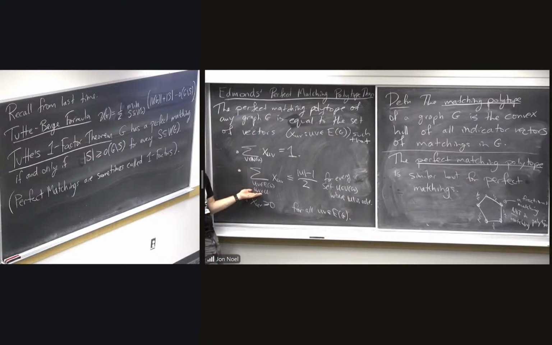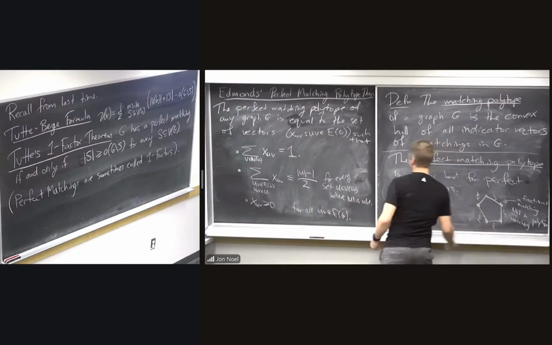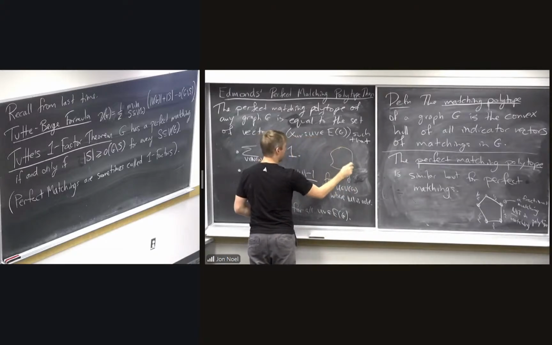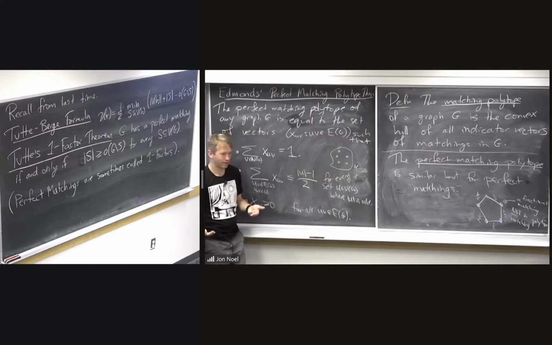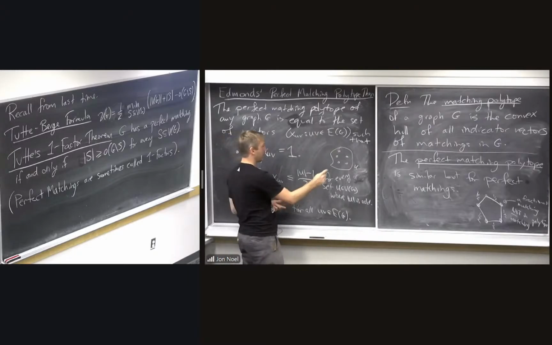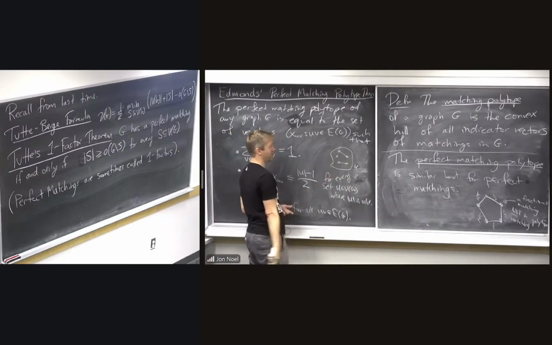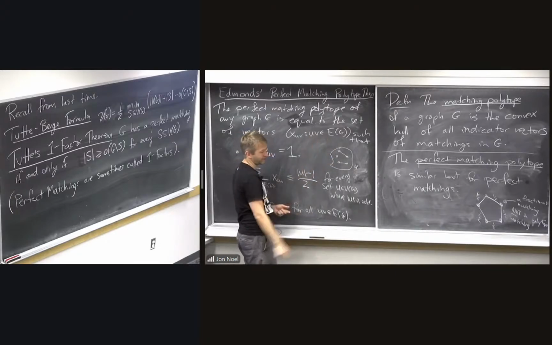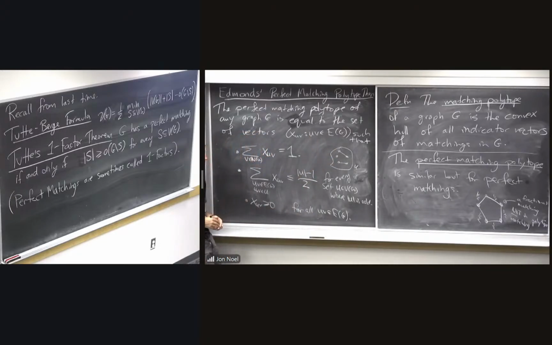If I wanted to have a perfect matching, and I've got some set U of 5 vertices, well, every edge in the matching involves 2 vertices, so I could not have more than two edges of the matching inside of that set, because then it would hit something twice, right? So basically this little parity constraint is the only thing that differs when you go from bipartite graphs to general graphs.